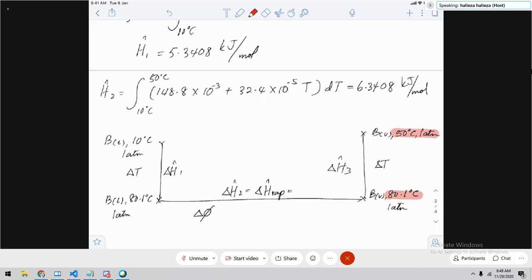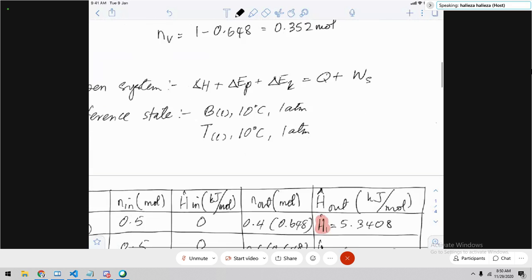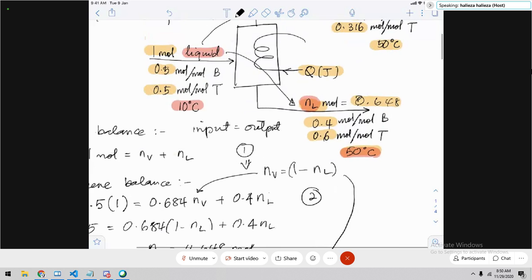Okay, I see your logic there. So we just ignore the change in pressure, right? Because we want to include it in the equation. Yep, because the question did not state what is the pressure of the vessel. There's no mention at all.